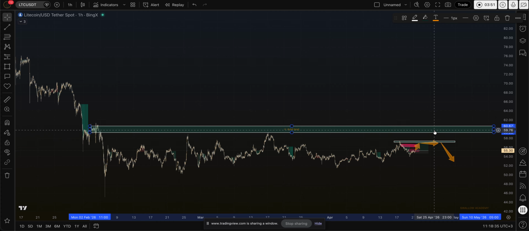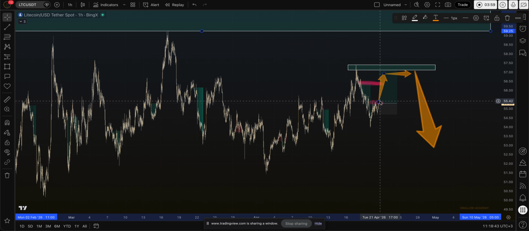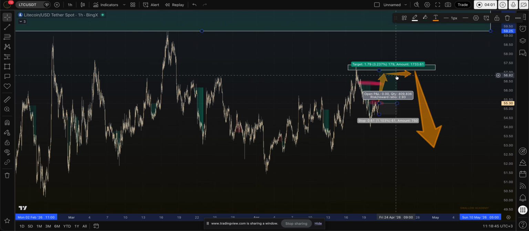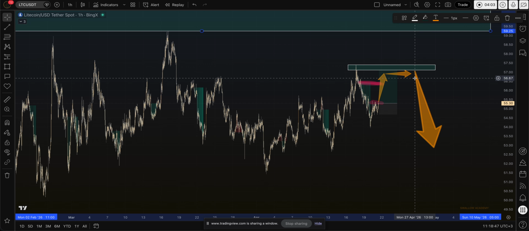And from this area, I think we would be looking for a short position if we reach this zone. But as of now, long here, wait for distribution, look for market structure break area, and go for a short position.